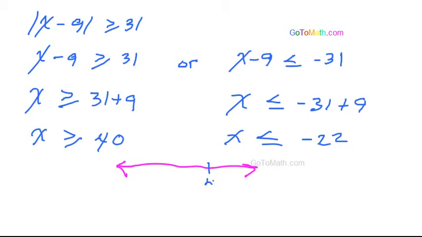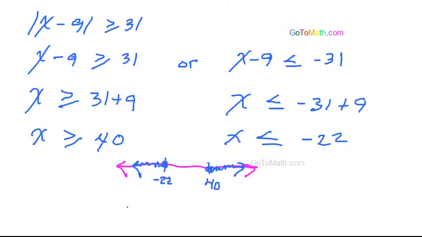We include 40, so I'm going to put a solid dot, and it's everything x greater than or equal to 40. And then this is x less than or equal to negative 22. Put negative 22 over here, and go off in that direction.